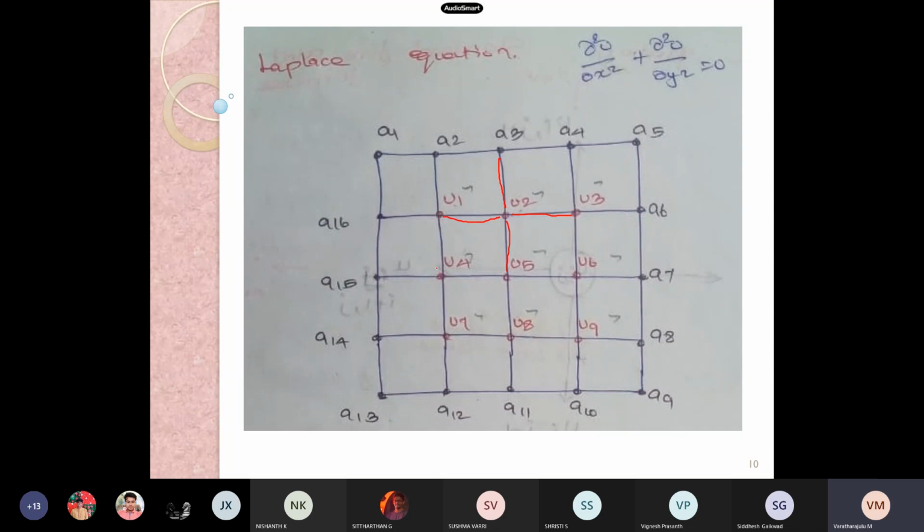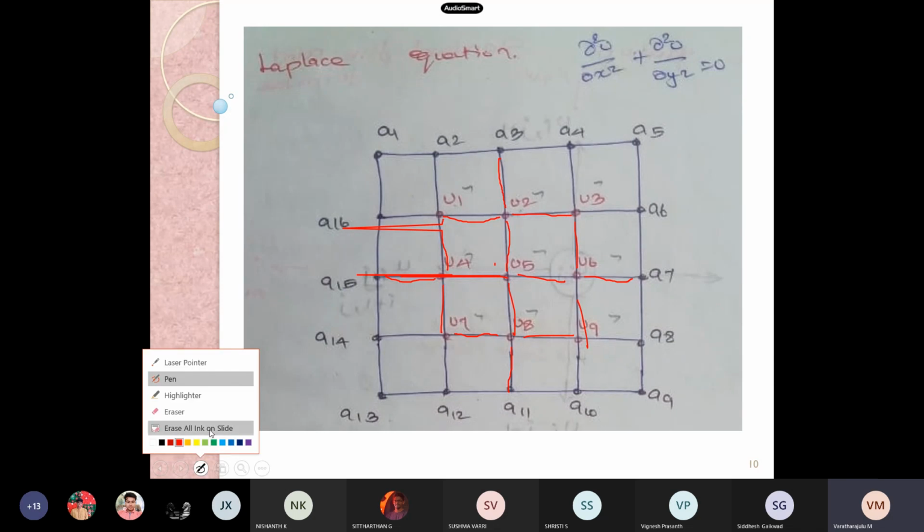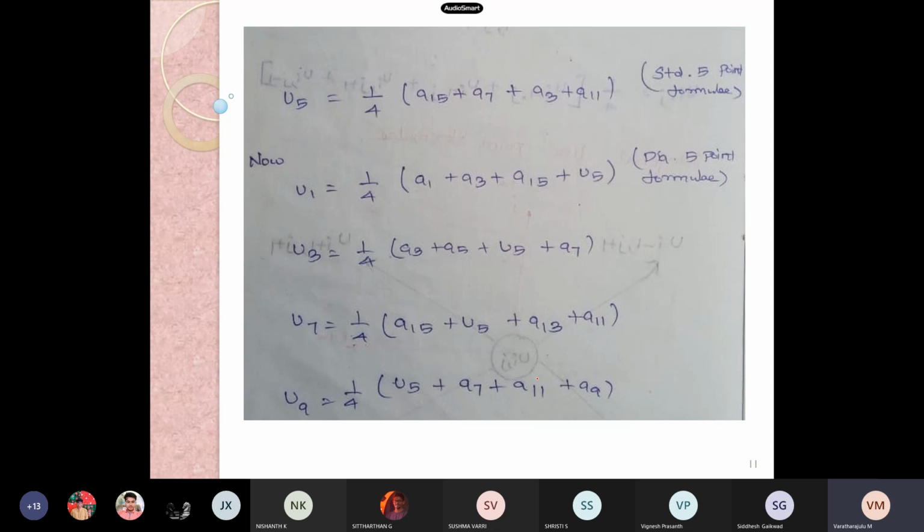Similarly for U4 we use A15, U1, U5 and U7. For U8 we use U7, U5, U9 and A11. Here U5, U3, A7 and U9. This is what we apply for elliptic equations.